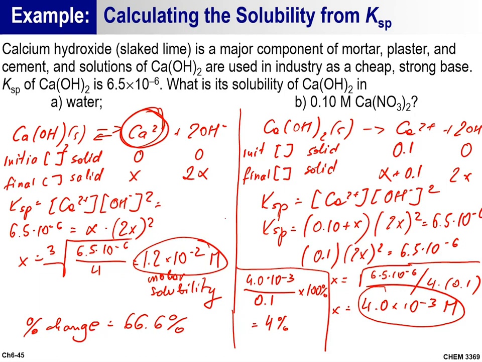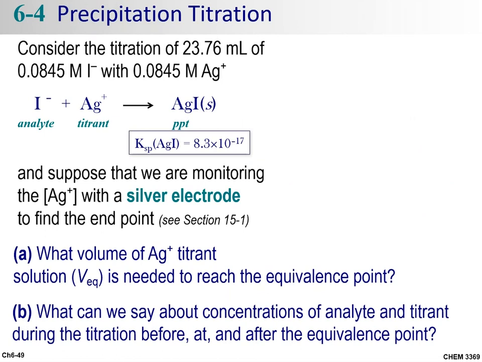Okay, so that was the example that shows how the common ion actually can affect the solubility of the solid. All right. So now let's take a look at a simple precipitation titration. Okay. So we are going to consider the titration of 23.76 milliliters of solution of iodide.